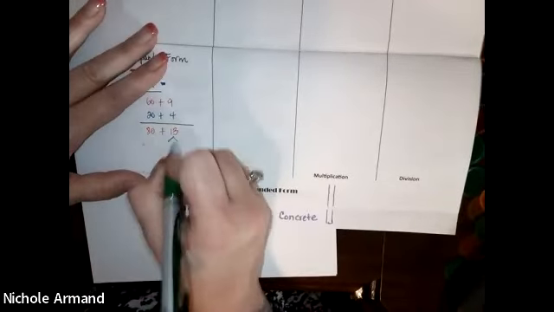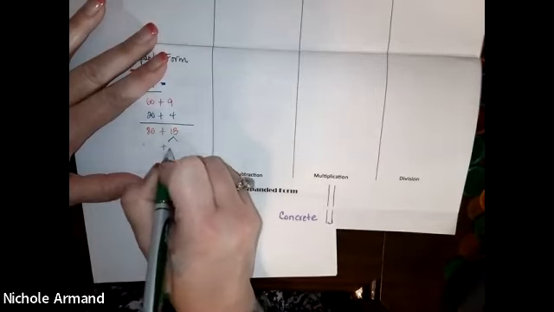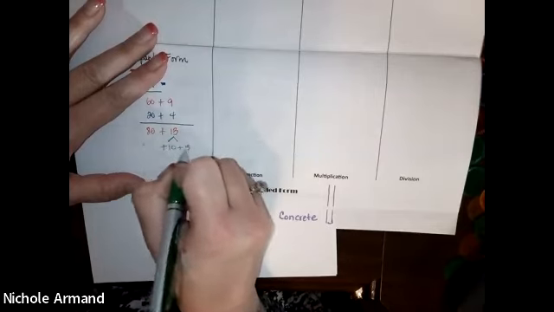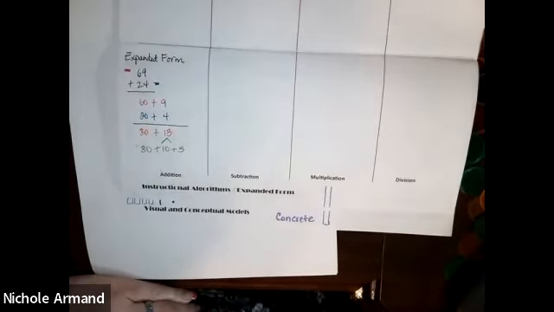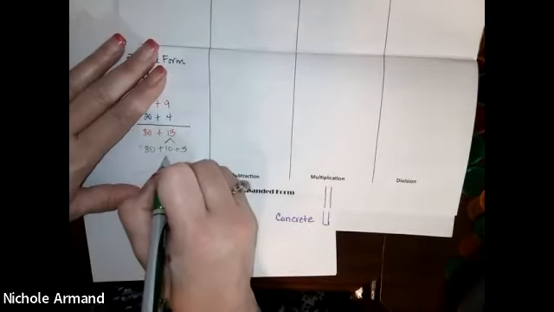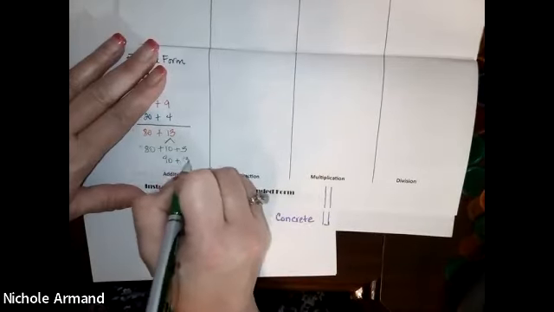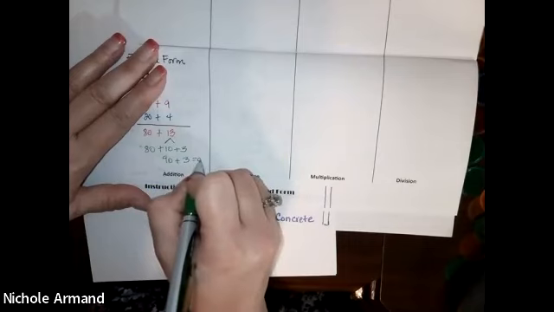You can decompose 13 into 10 plus 3. So now we have 80 plus 10 plus 3, and that's 90 plus 3, or 93.